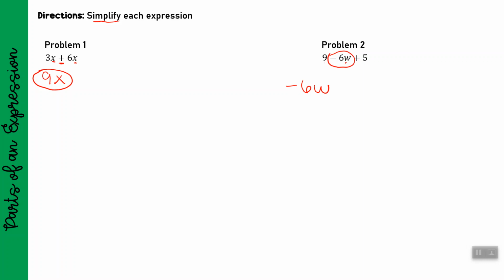Then I have a positive 9 and a positive 5. When I combine those, I get a positive 14. These two values are not like terms. One has a W, one does not. So this is as simple as I can make that expression.